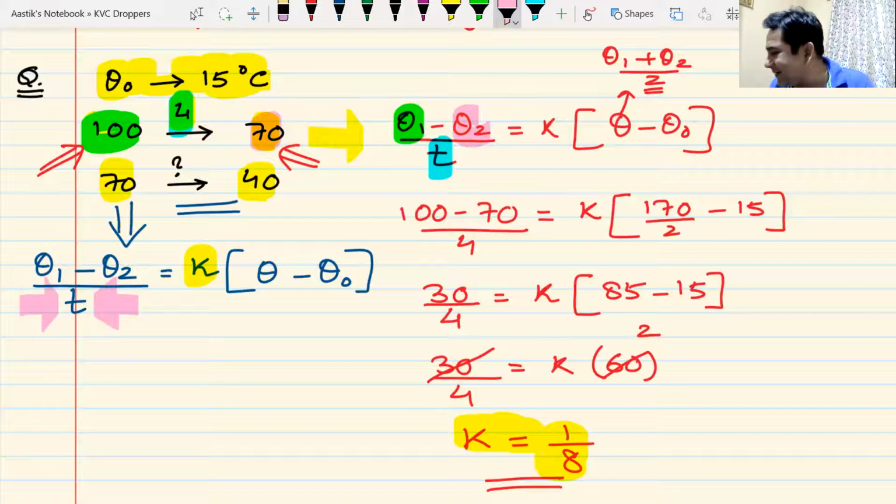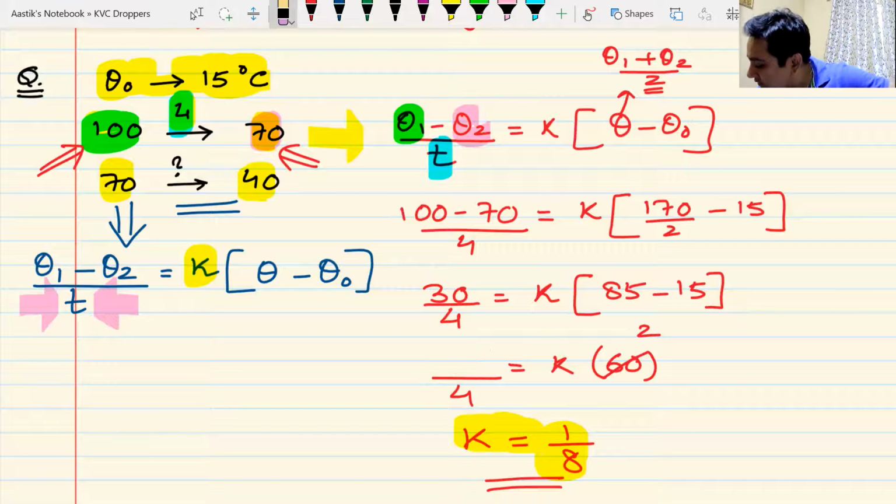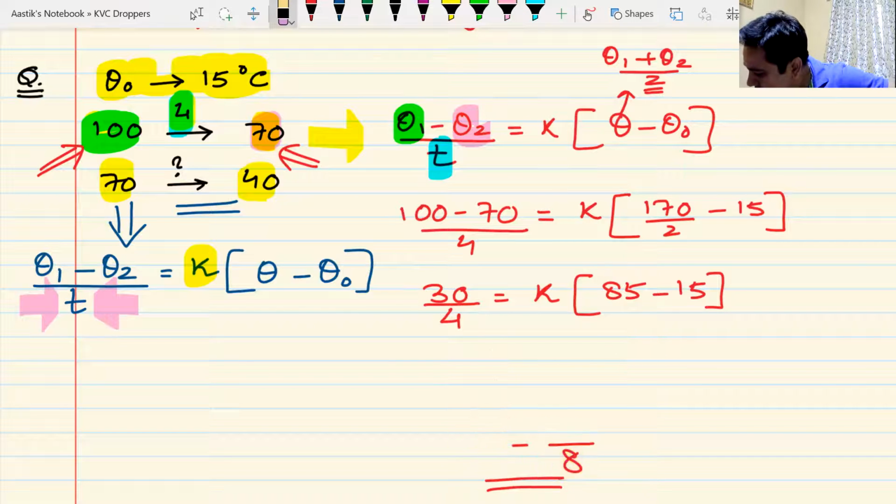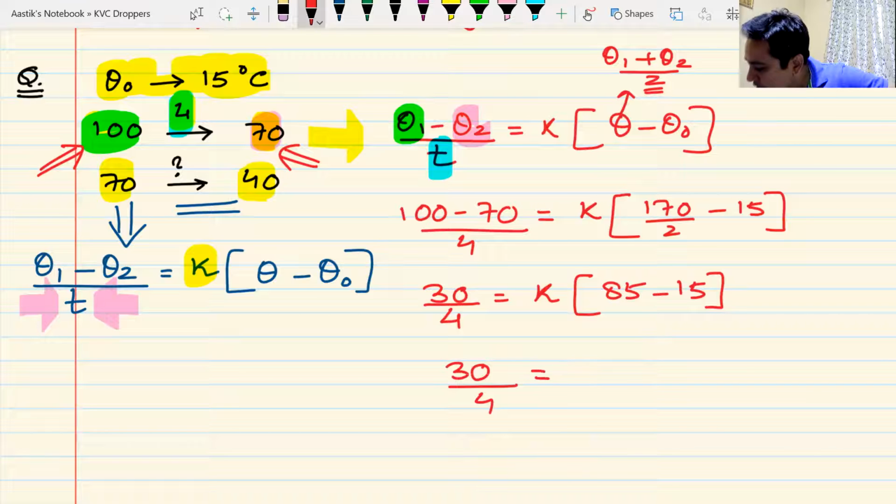Oh, it seems I have made a mistake. 85 minus 15 is not 60. It is 70. Yes, I stand corrected. Thanks for correcting me. So I will just remove this and get back to the original thing. 30 divided by 4 is 70k.